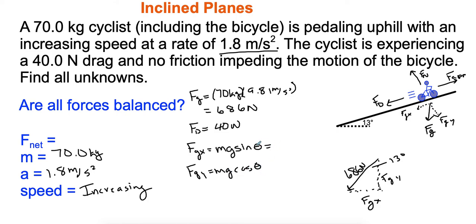Okay, so we have mass times gravity already, so that's 686. So 686 times sine 13, we'll get that, and 686 cosine 13, we'll get that.